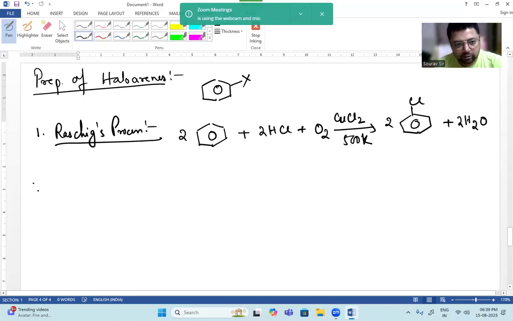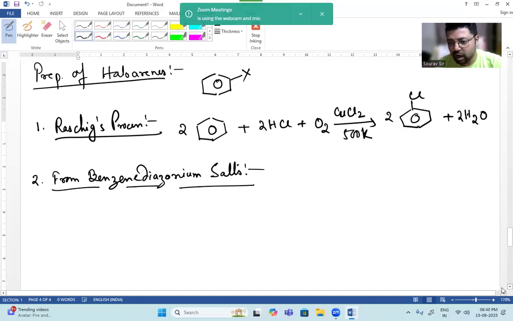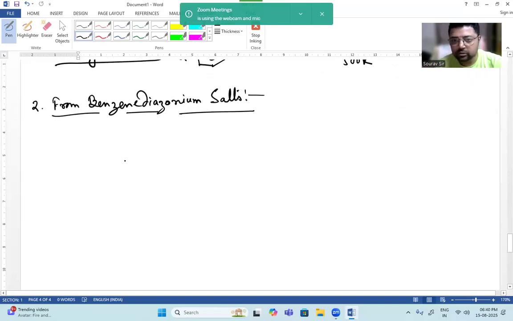The next process is from benzene diazonium salt. So how can we prepare benzene diazonium salts? We will use an amine.